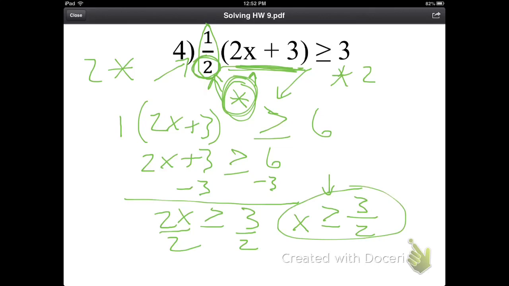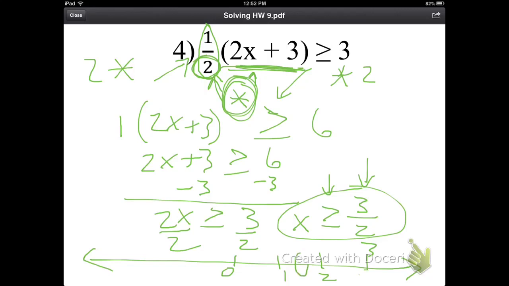That's 1.5, by the way. We'll see if I can fit my graph on this picture. I'm going to put 0 there, put 1 there, we'll put 2 there, we'll put 3 there. When you're graphing, remember that you just need to put a circle where the number is. Our number is 3/2 or 1.5.